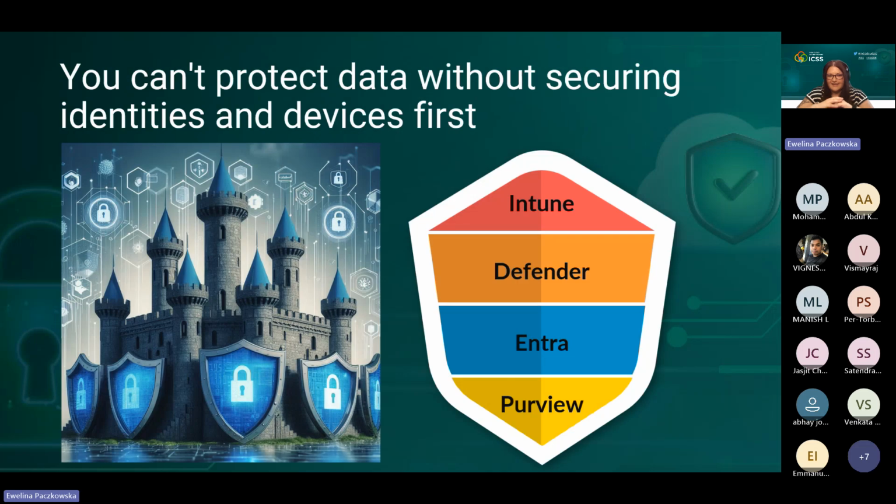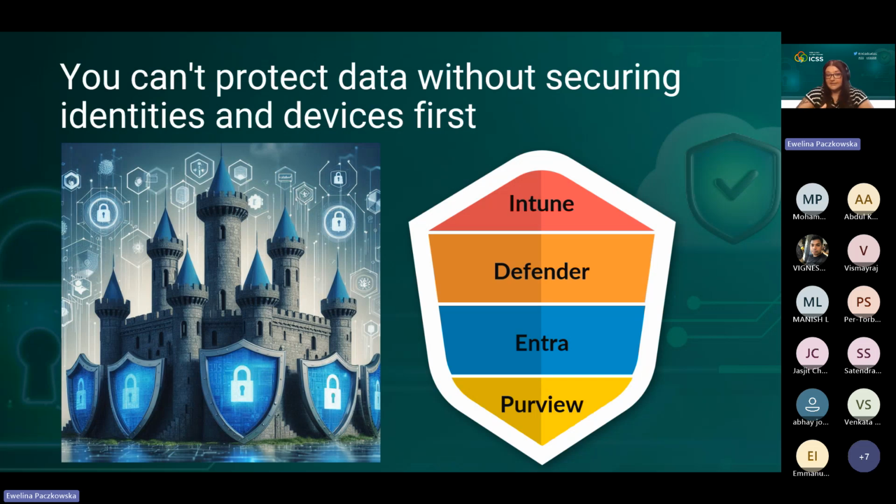You have to think about your tenancy as some sort of castle or fortress. You need to protect it from all different sides, and you cannot protect your data without securing your identities and devices first. So think about all those different types of shields that you can use within your tenant. I always say that an attacker's goal at the end of the day is almost always data.